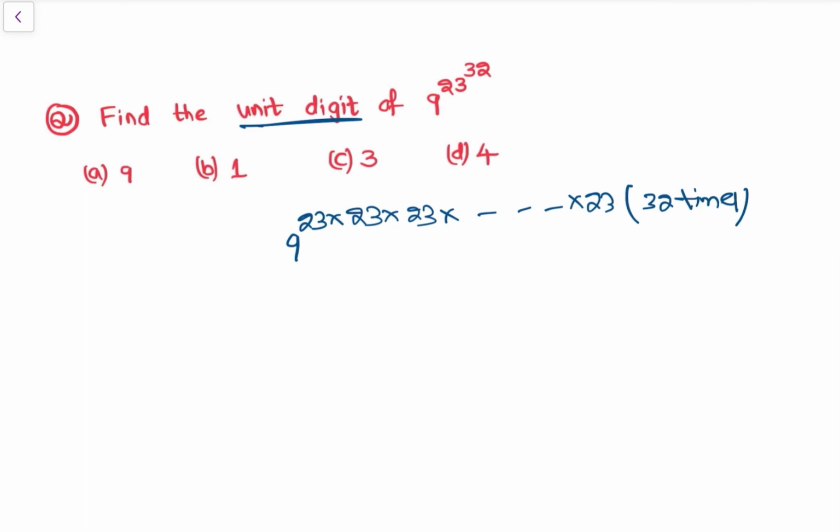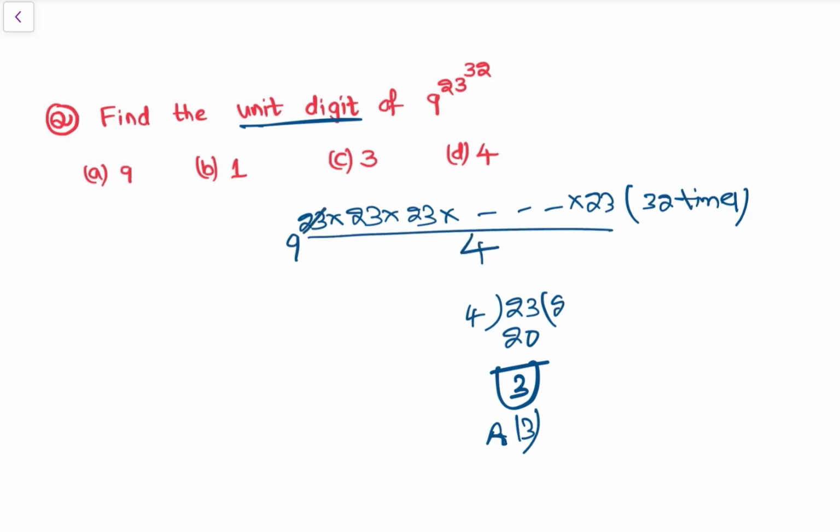So 23 when divided by 4: 4 5s are 20, remainder 3. Here the remainder is 3, and 3 for each of the others.